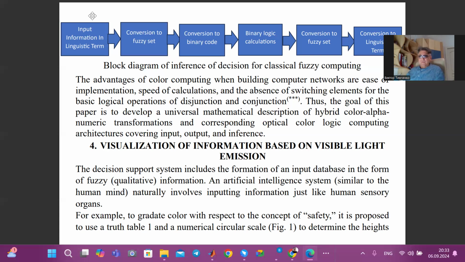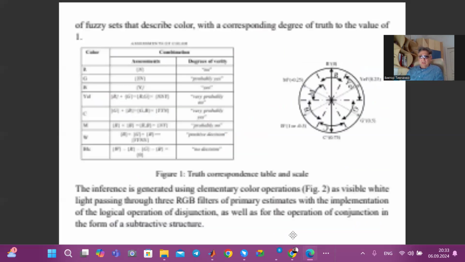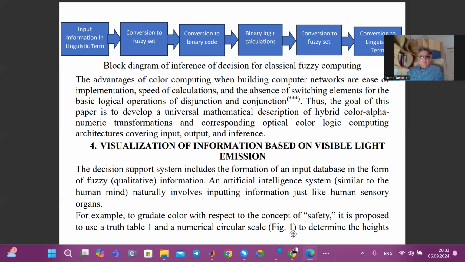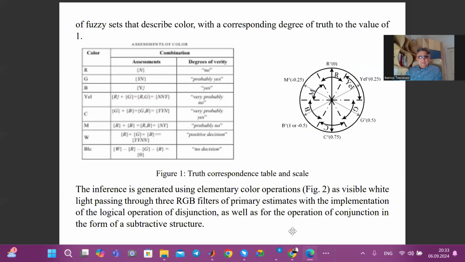Visualization of information by visible light emission. The decision support system includes the information input database in the form of fuzzy information. An artificial intelligence system naturally involves inputting information just like human sensory organs. For example, a graded color with respect to the concept of a fuzzy set, it is proposed to use a table and numerical scale to determine the height of a fuzzy set.